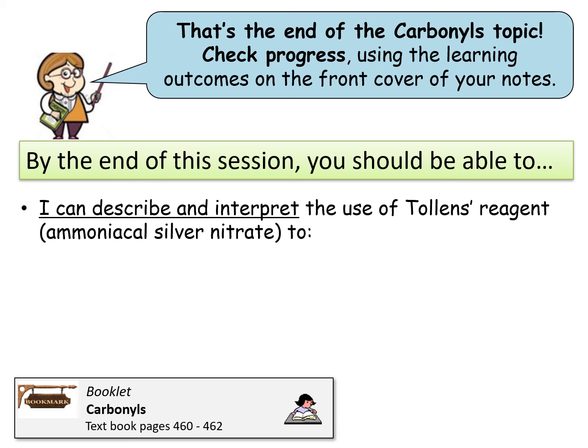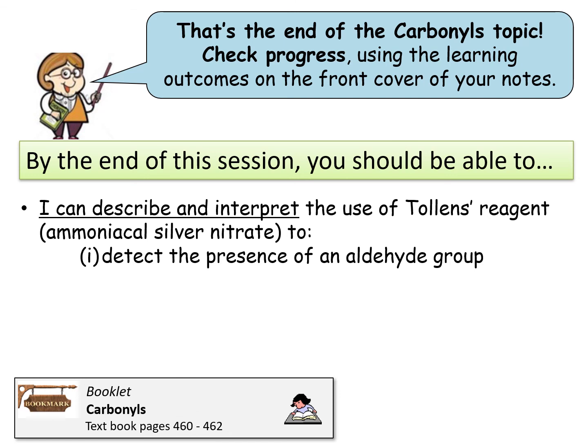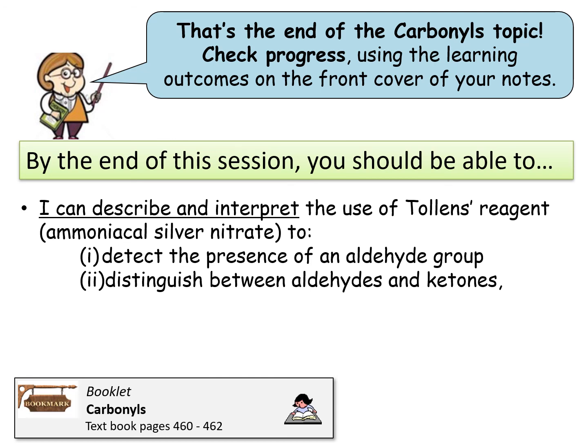Now we can use that if we want to identify an aldehyde. It detects the presence of an aldehyde group. So if you've got a range of different organic compounds, if you get that silver mirror, you know you've got an aldehyde. You can also use that observation to distinguish between an aldehyde and a ketone.